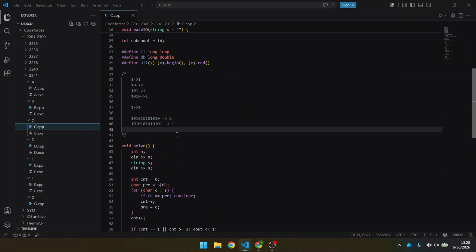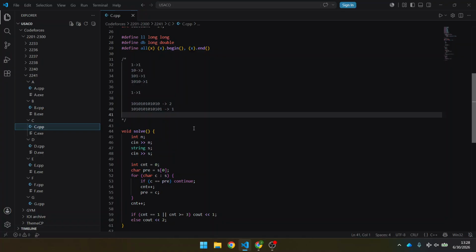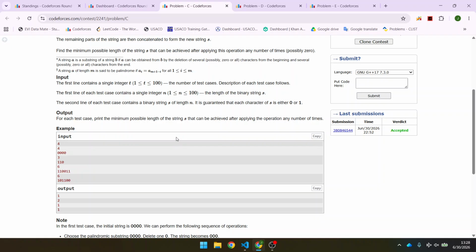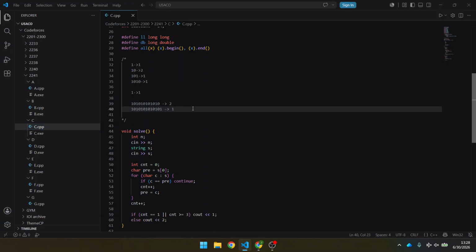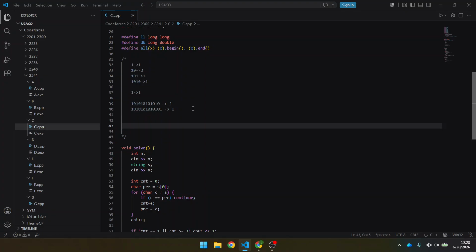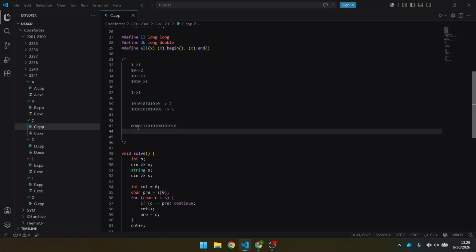Problem C. First of all, notice that if you have any adjacency of zeros, for example, 0, 0, 0, 1, 1, 0, 0, 0, we'll just simplify this. There's four zeros.